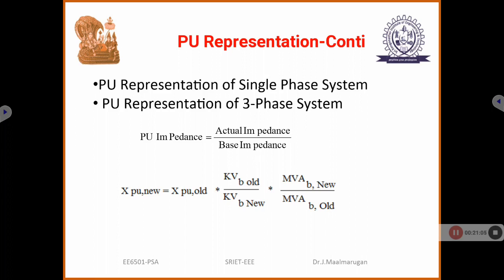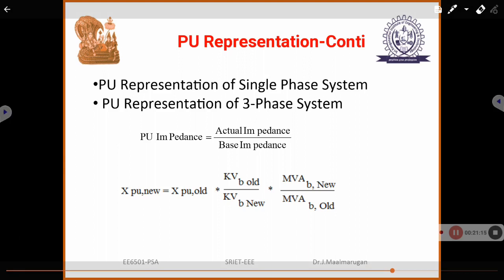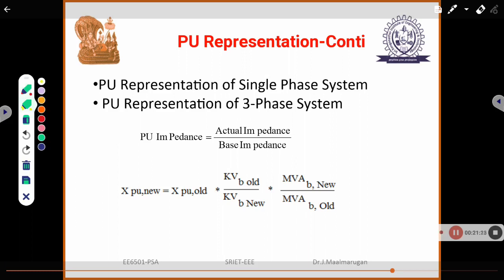Impedance is Z equal to R plus jX: resistance plus reactance.